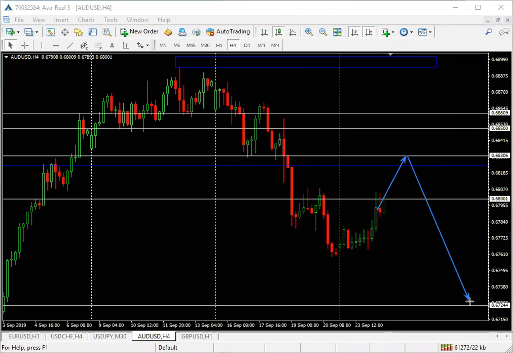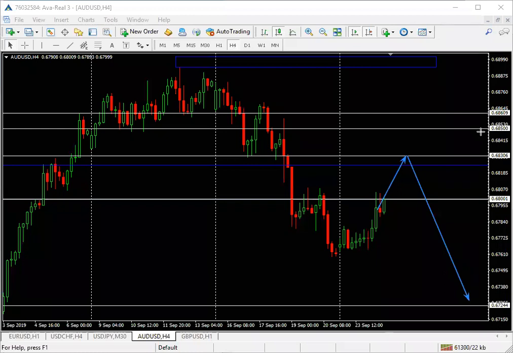All right, I hope this is all making sense, guys. Because if we have that, then we're going to have a confirmation, even on the higher time frames, that the market has a lot of potential for the sell-off to come in, or for the market to turn down and continue this somewhat bearish tone, because in essence we're still in a downward trending market on the Australian dollar, US dollar.